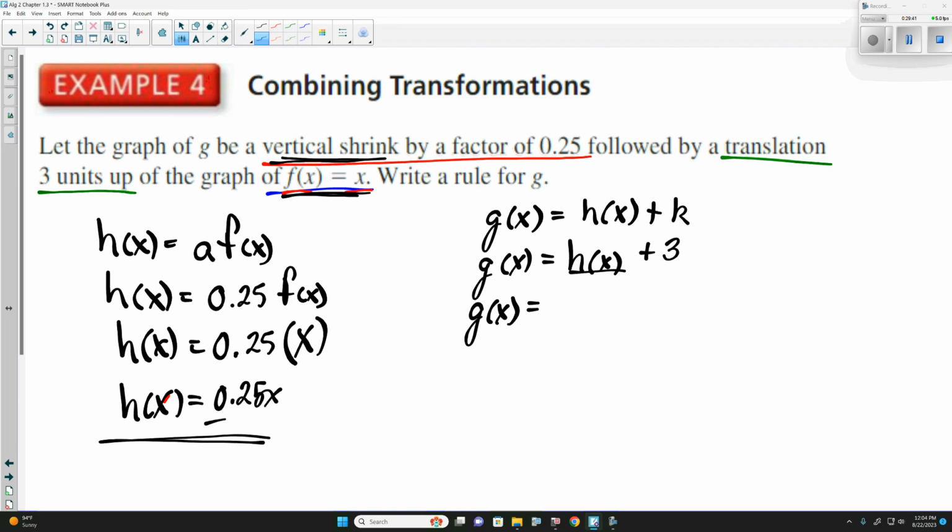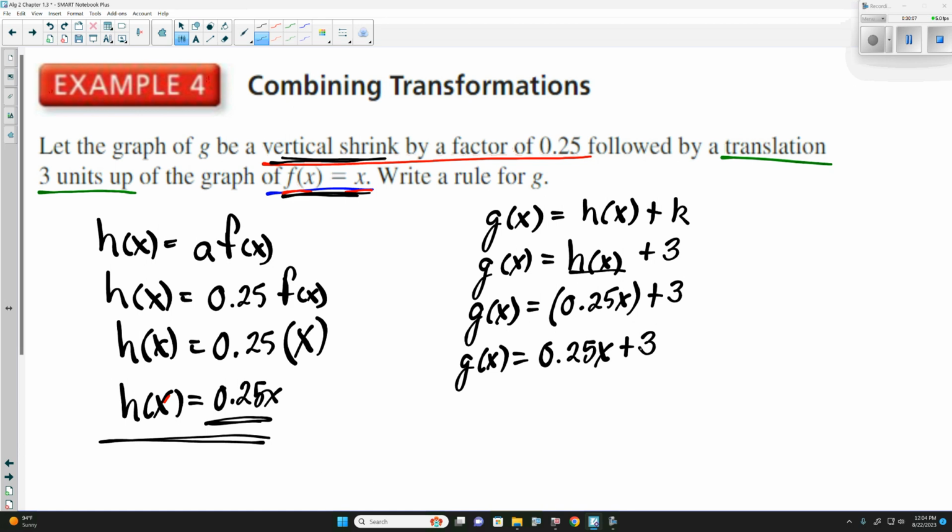It is our 0.25x. So we can replace h of x with 0.25x. Now, since there's nothing being multiplied in front of h of x, we can drop the parentheses, giving us this here.